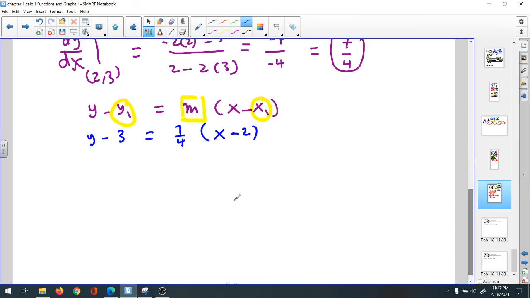We could add 3 to both sides and distribute 7 over 4. So y equals 7 over 4 x, and 7 over 4 times negative 2 is negative 14 over 4, which simplifies to 7 over 2. And add 3 to both sides, so plus 3.